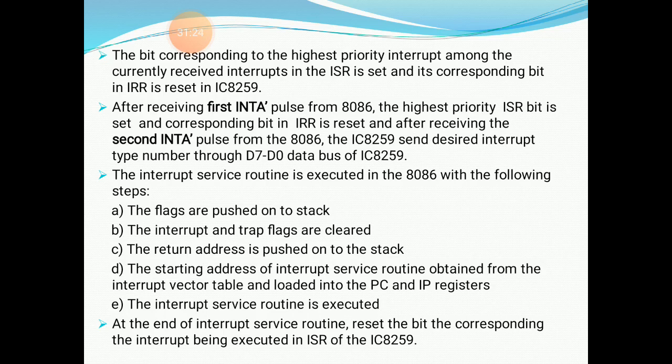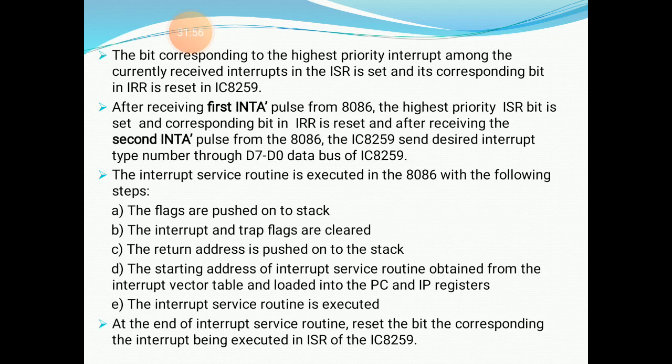Before executing the ISR program, the processor performs various operations. The flags of the main program are pushed onto the stack, the interrupt flag and trap flag are cleared, the return address, that is the main program address, is pushed onto the stack, and the starting address of the ISR is obtained from the interrupt vector table and loaded into the CS and IP registers.